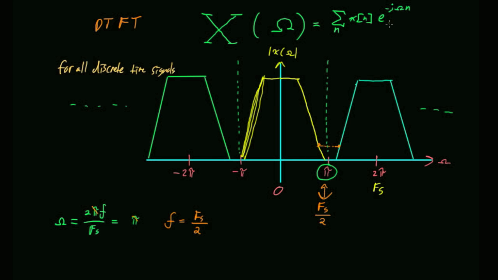What's the units of big omega? Radians per sample. Suppose I have a signal with frequency pi over 4 radians per sample.